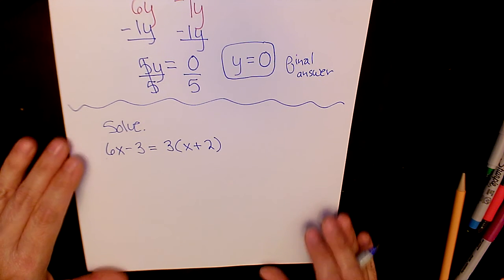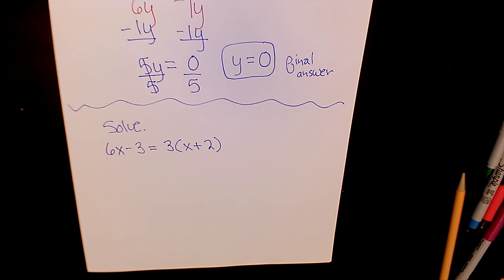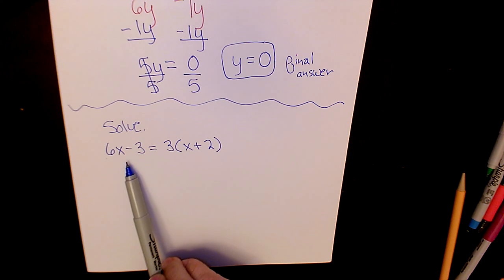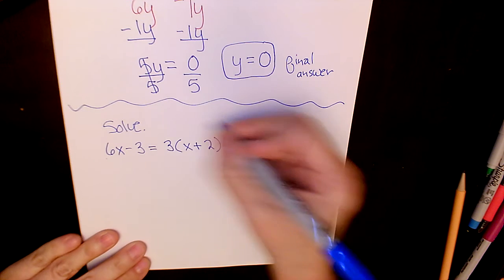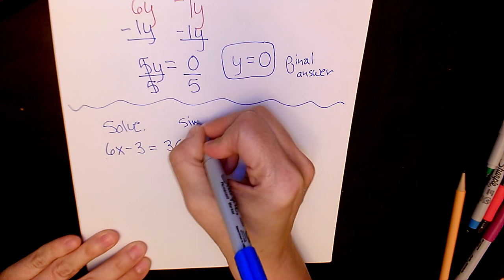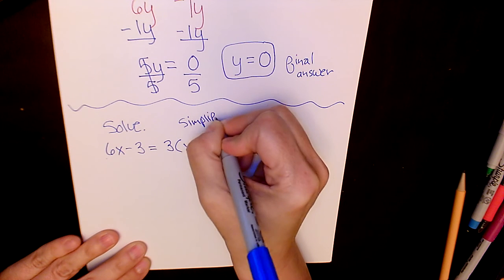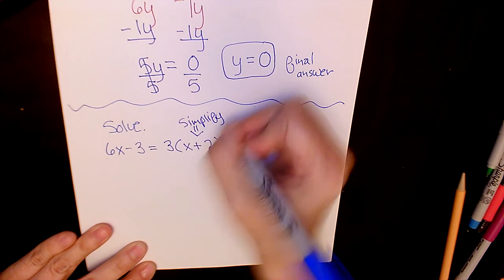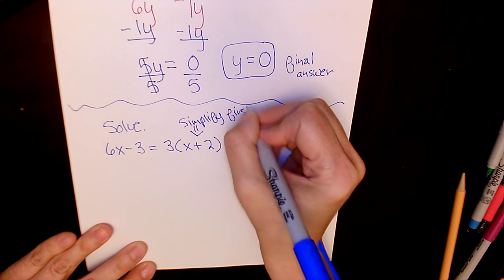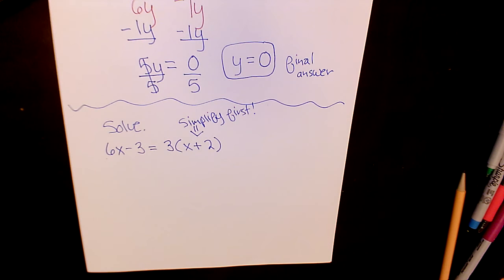Okay, we're moving on to the next one, a little bit harder. So step 1, we're looking and seeing if we can simplify anything on both sides. And we can simplify this first, the 3 times the quantity x plus 2.